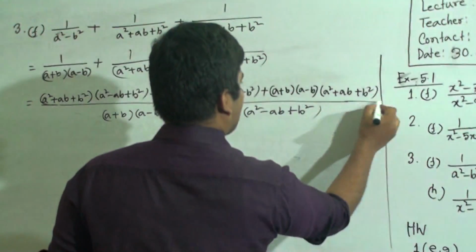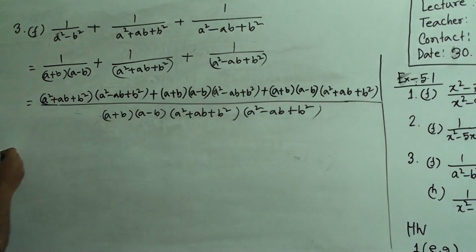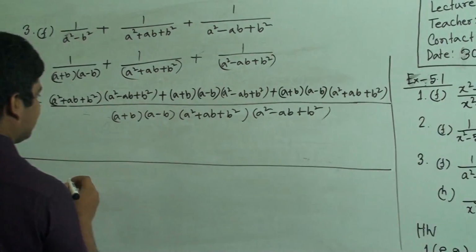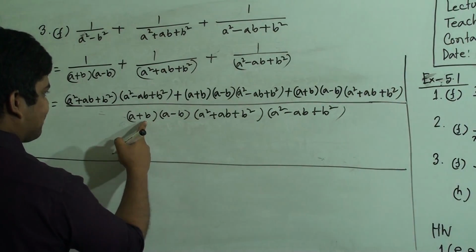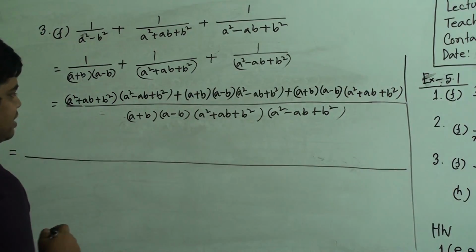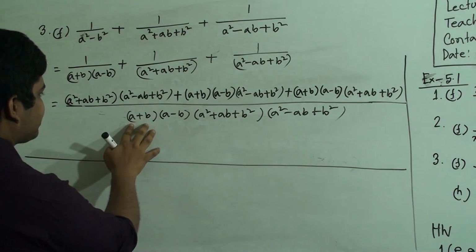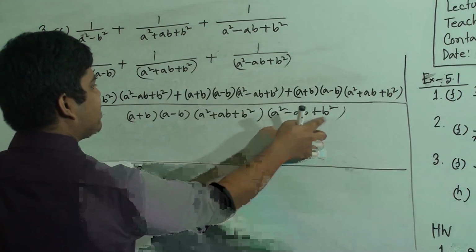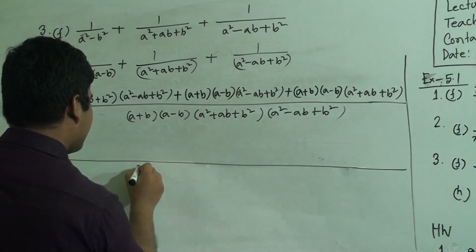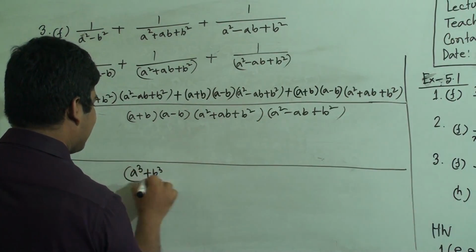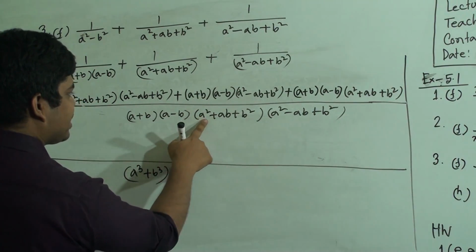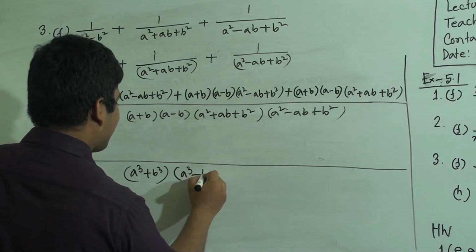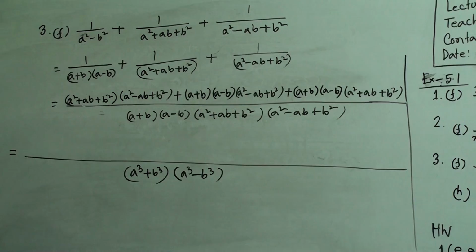Okay, now we do multiplication. Okay dear student, please notice a plus b into a square minus ab plus b square. This is the formula of a cube plus b cube. On the other hand, a minus b into a square plus ab plus b square. This is the formula of a cube minus b cube, right?